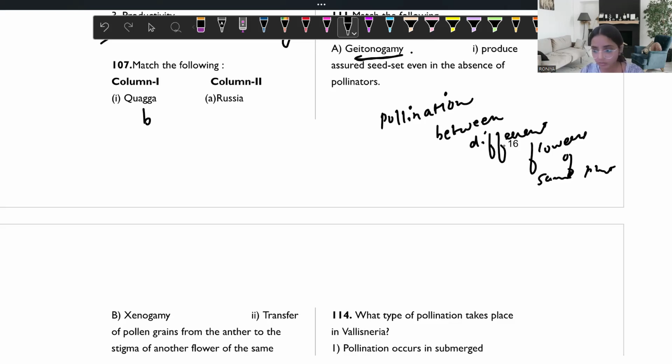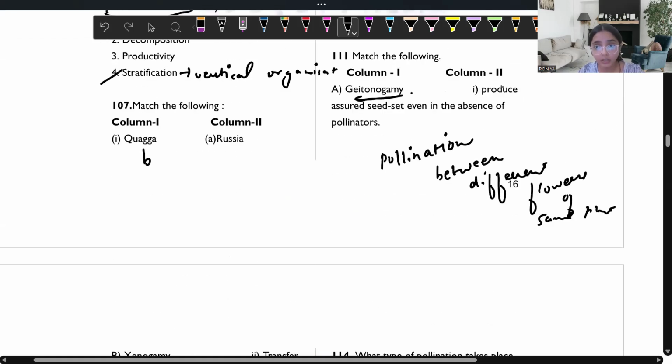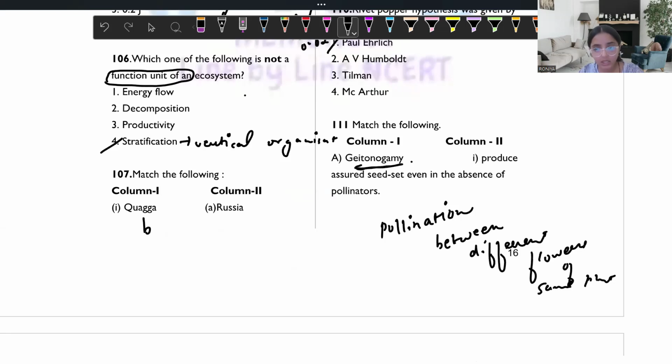So let us see if this is matching with it or not. Produce a short seed set even in absence of pollinators. Okay, we'll see.